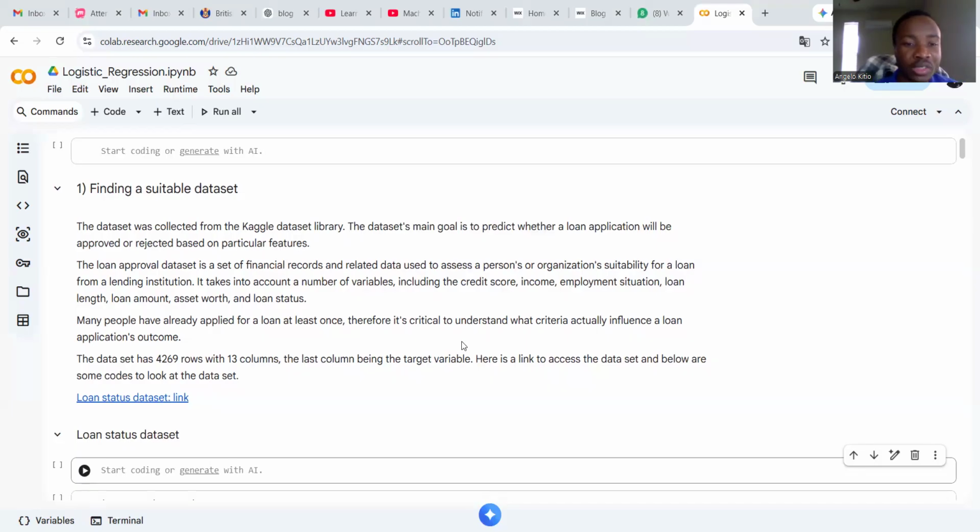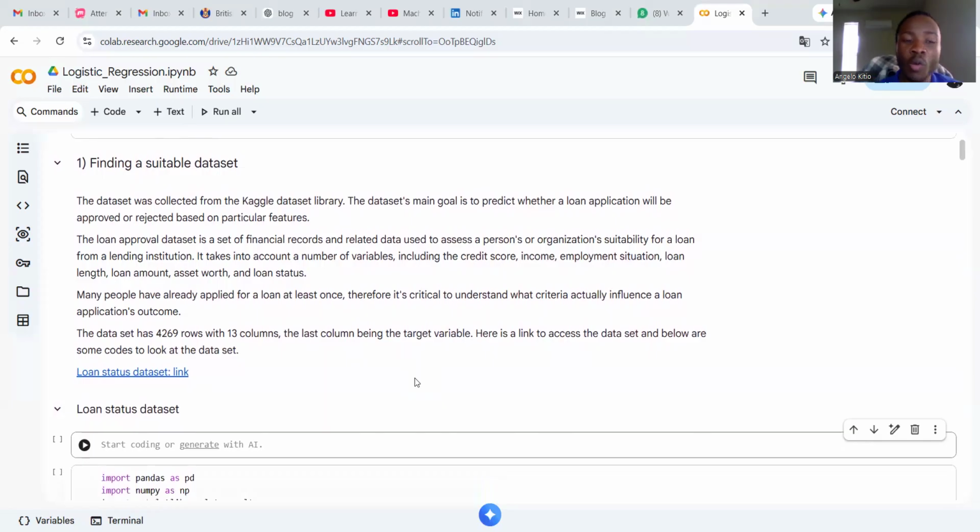It's about when anyone is applying for a loan, what determines if that person will be approved or rejected. I chose that topic because whenever you're in school, you often apply for a student loan to help finance your studies for 4 or 5 years, because you don't have enough money at that time to pay out of pocket.